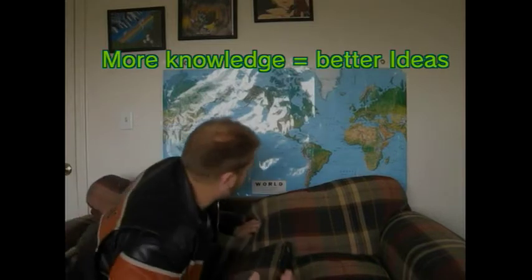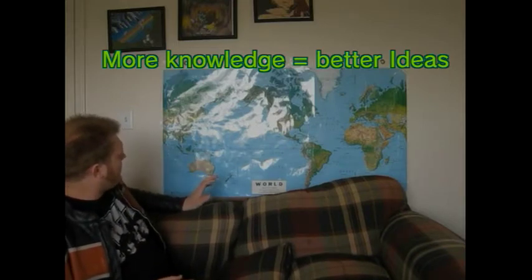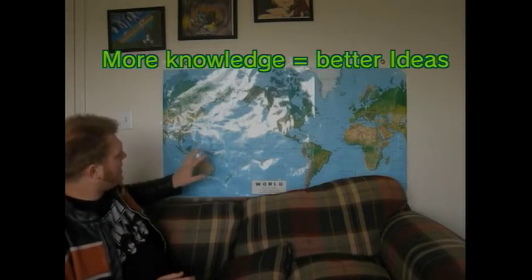If you want to find a new creative car design, start looking into cars. Start looking into things that have to do with cars. The more knowledgeable you are, the easier it is for you to come up with creative ideas. Ignorant people usually don't have a lot of major ideas, if you haven't realized. So, educate yourself.